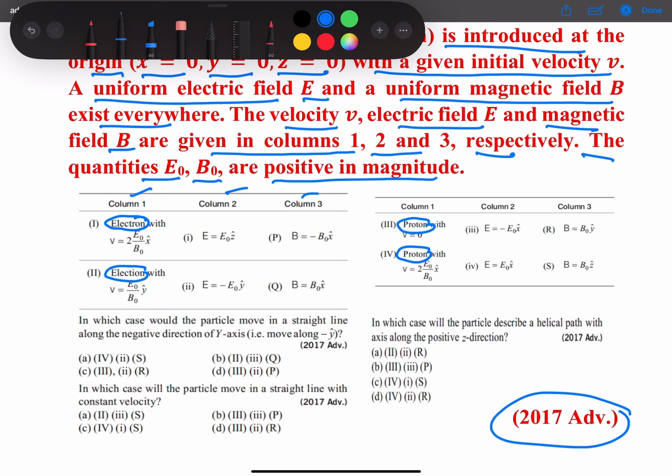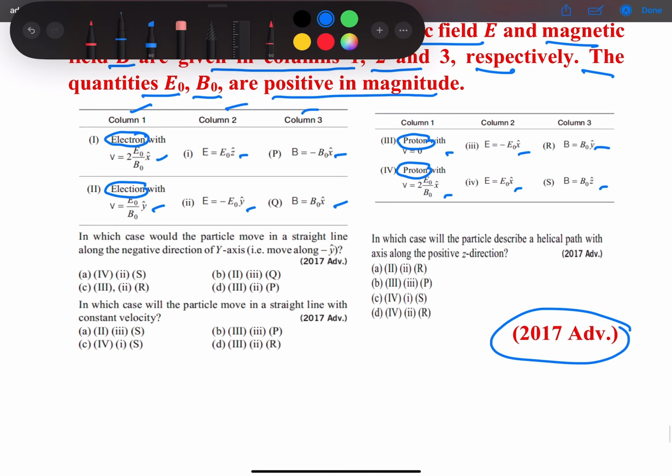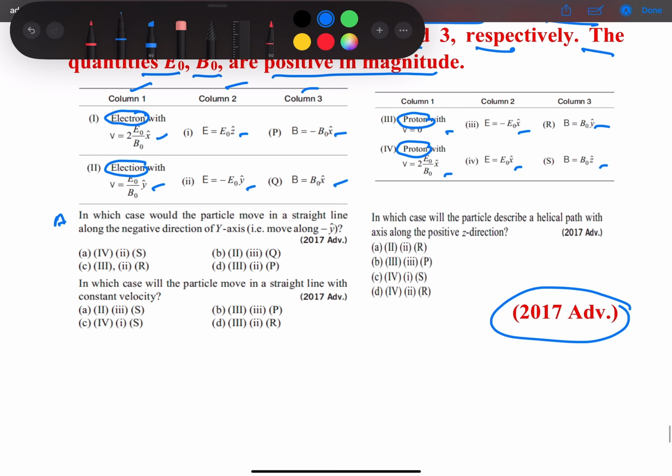So column 1 gives us the velocity, column 2 gives the electric field, and column 3 gives the magnetic field. So based on this table, we have 3 questions, A, B and C, and we have to find the perfect match between column 1, column 2 and column 3.